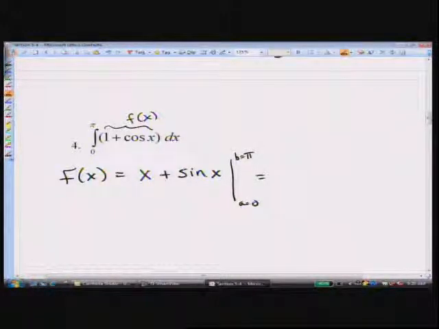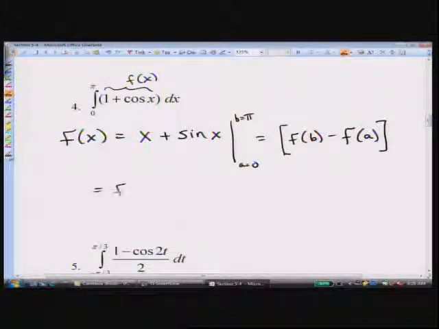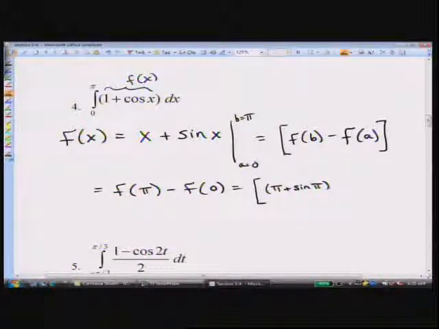And so this is going to be f of b minus f of a. That's how we compute it, okay? So that means f at pi minus f at 0. Well, f at pi is pi plus the sine of pi.